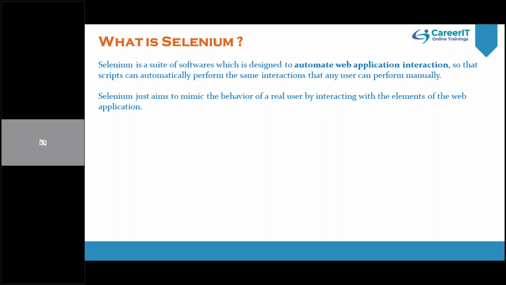So all these how the real user performs, right? Similarly, this Selenium test automation tool also will perform the same web application interactions, and it will make sure running those scripts, and it will finally validate your actual results against the expected results. This is what Selenium does.